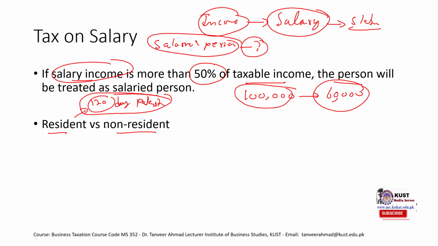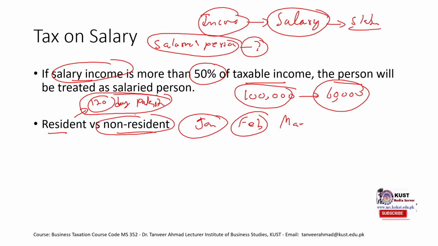I repeat, resident is someone who has spent more than 120 days in Pakistan. They can be continuous or non-continuous. So for example, someone spent the whole of January in Pakistan, but then for February he went abroad, but in March, April, May, June, July and August he was in Pakistan, then he would be considered a resident.